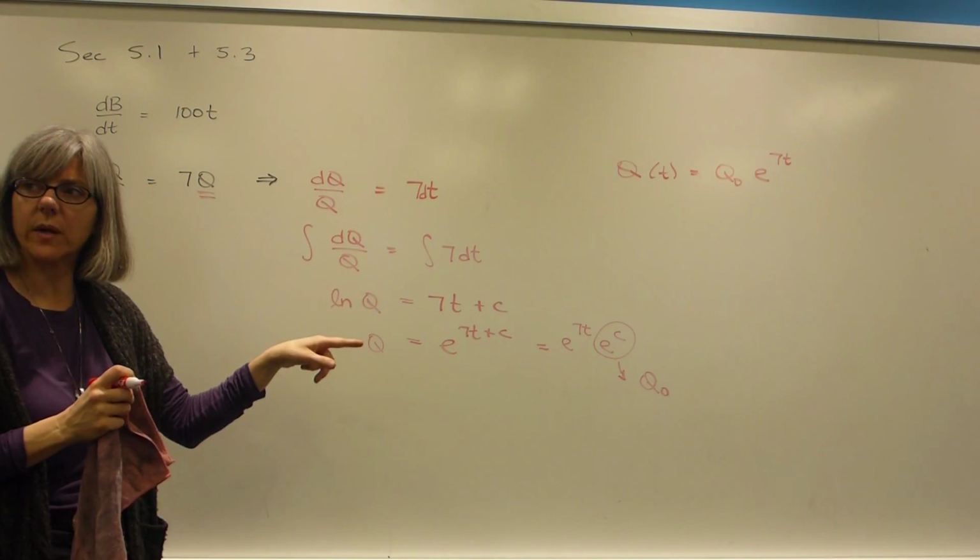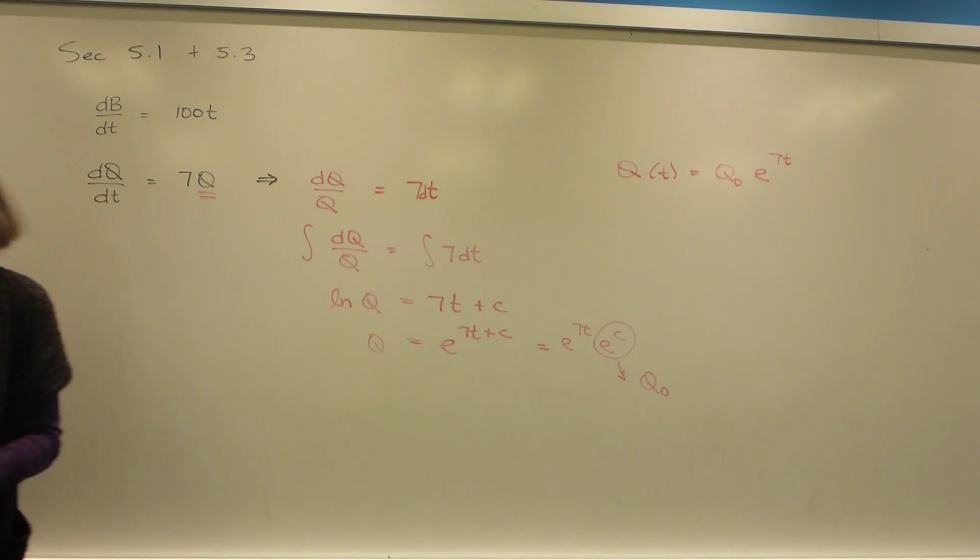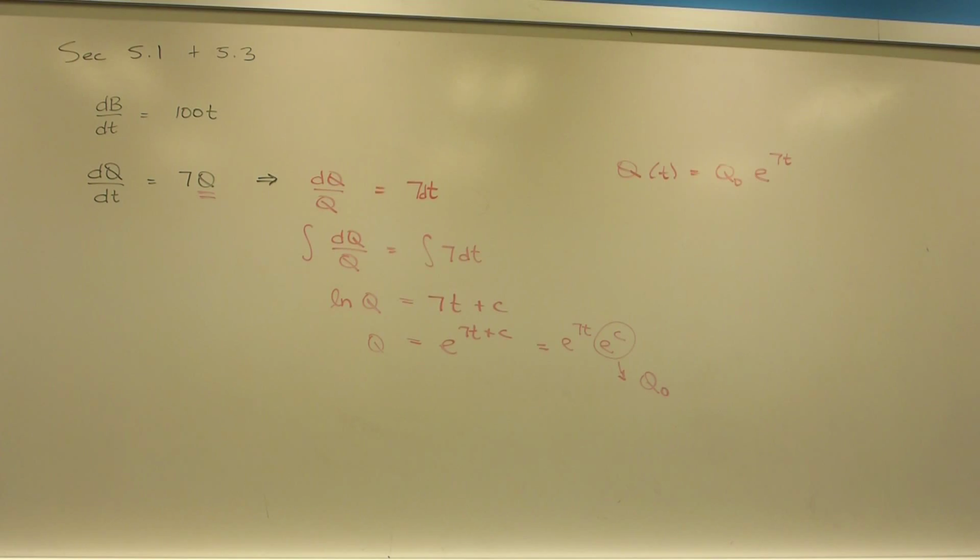You don't have to do it this long way the whole time. This is just where it comes from. It's not magic. I don't like it when people think math is magic, because it never is. So here's the deal. If you ever have dq dt, so let me write the rule over here.